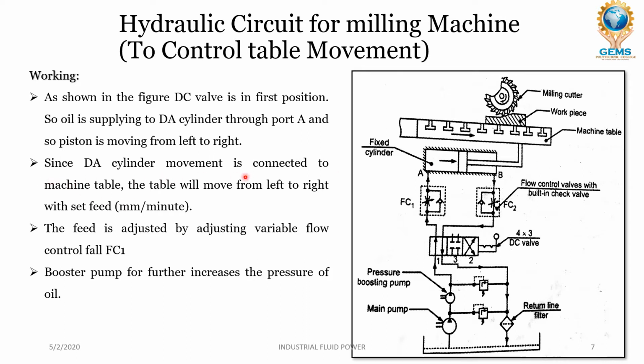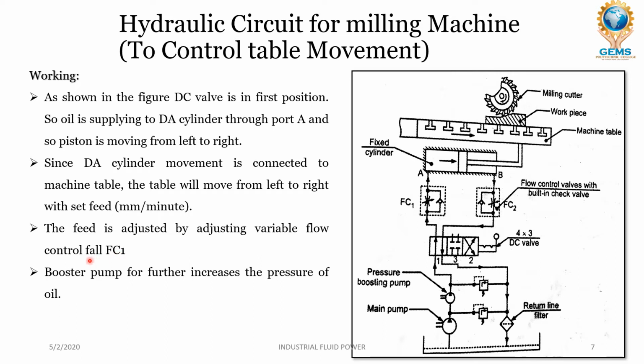Since the DA cylinder is connected to the machine table, the table will move from left to right with the set feed. When the piston moves, at the same time the table also moves. The feed is adjusted by adjusting the variable flow control valve FC1.